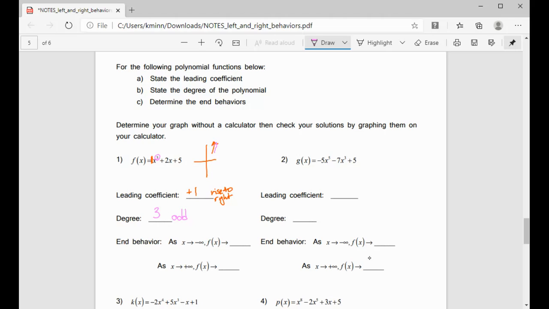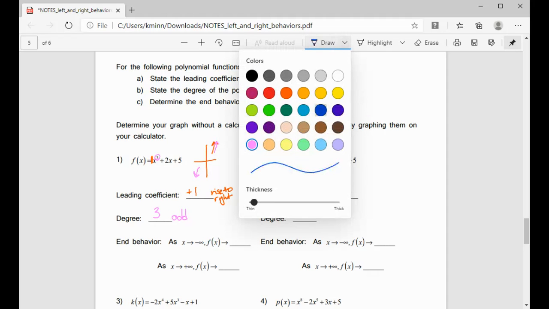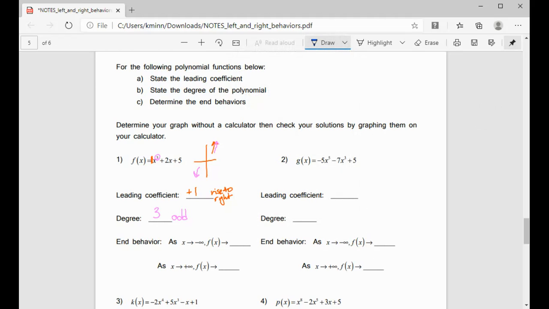If we already know we're going up to the right, we have to go down to the left. So finally, we fill in our end behavior. As x goes to negative infinity, where is the pink going? It's going down to negative infinity. As x goes to positive infinity on the right, our picture is going up to positive infinity. And we've described that entire end behavior.